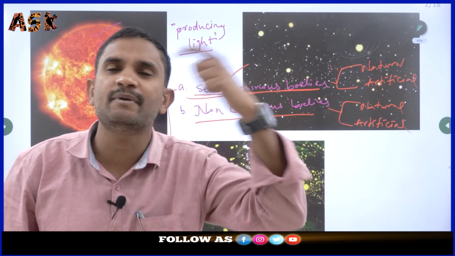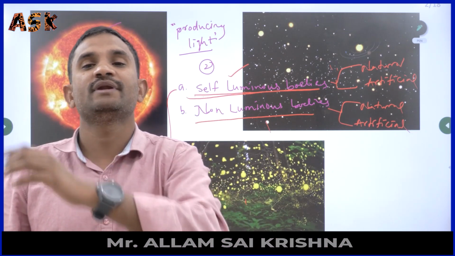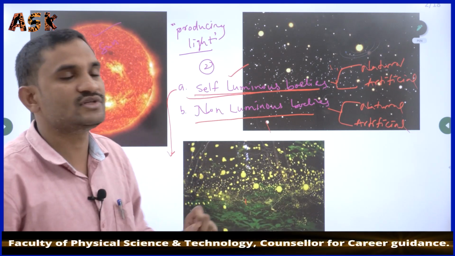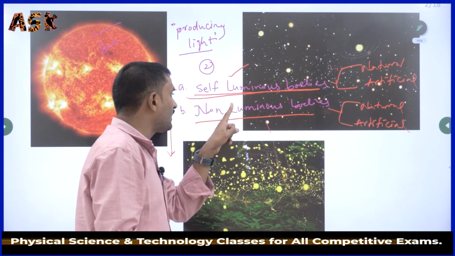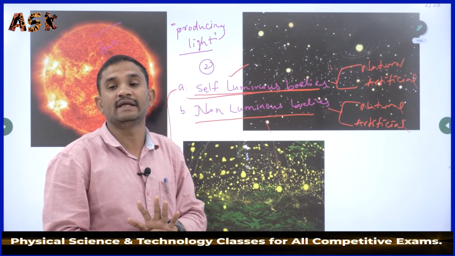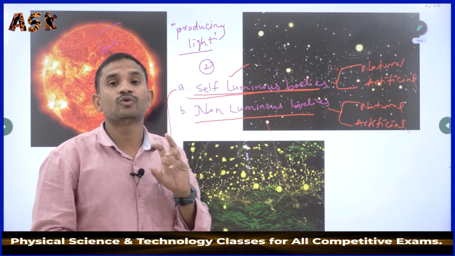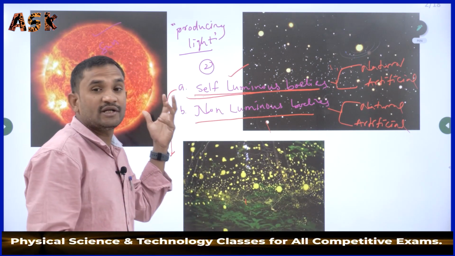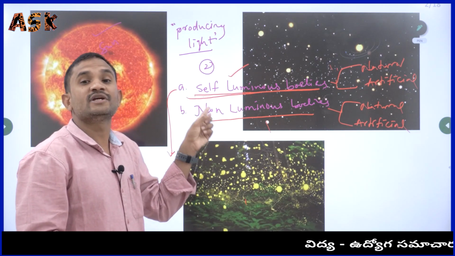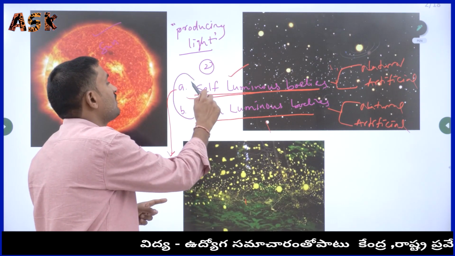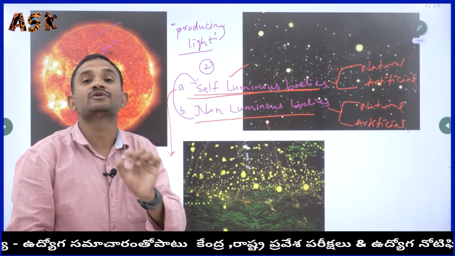They depend on the self-luminous bodies. That kind of substances we call non-luminous bodies. Simply, we can conclude self-luminous bodies only produce light by themselves. Non-luminous bodies completely depend on self-luminous bodies only.